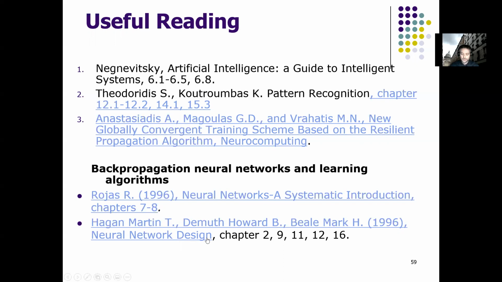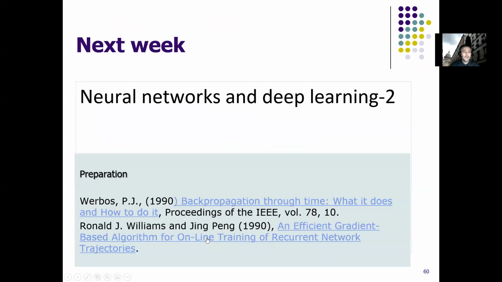Next week, I'm going to continue with neural networks and deep learning and present recurrent neural networks, dynamic neural networks, networks where we don't have only information that goes from the input to the output, but there are also feedback connections. These are very good models to represent sequences that change dynamically.